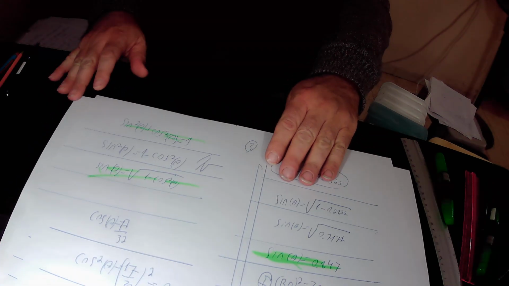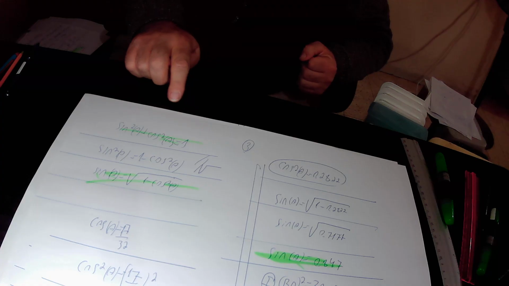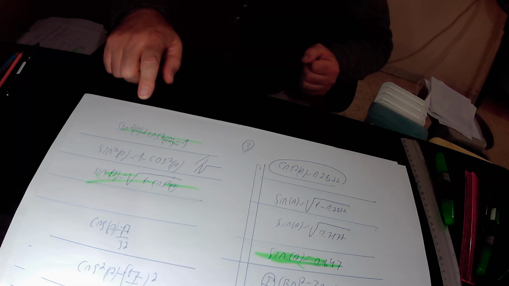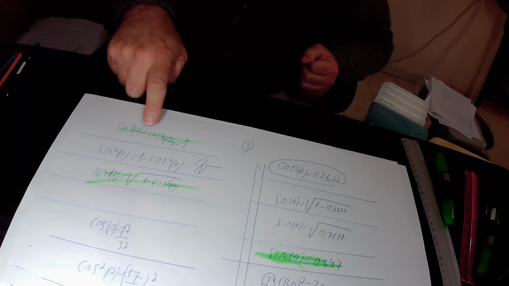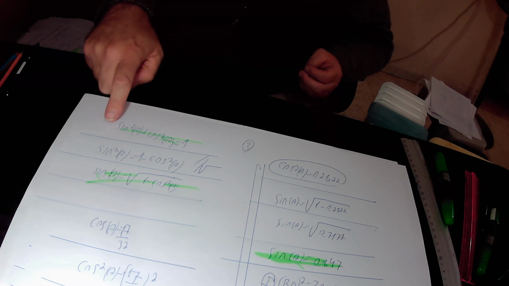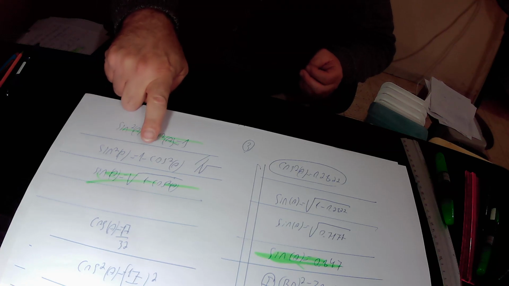We have the trigonometric identity that says sine squared theta plus cosine squared theta equals 1. Here we subtract cosine squared theta from both sides, and we find that sine squared theta equals 1 minus cosine squared theta. Taking the square root, we get that sine theta equals the square root of 1 minus cosine squared theta.